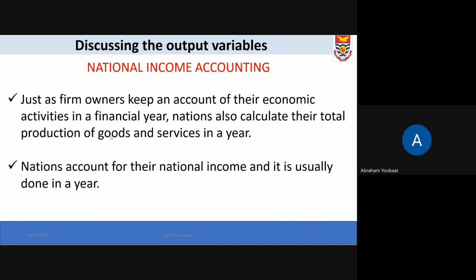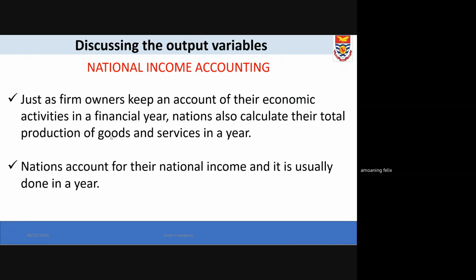Today we will be looking at our next chapter. Last week we discussed one or two things, and today we'll be looking at national income accounting. We'll be looking at how to account for national income, and how we compute our various national income variables.